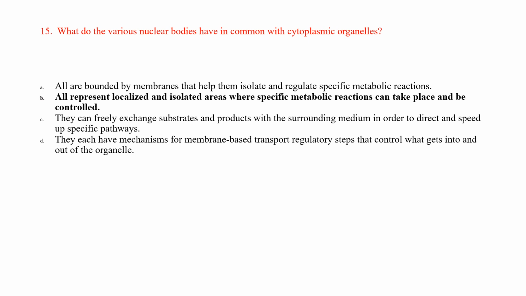They release things through vesicles from one to the next, in this case the ER to the Golgi apparatus, and then possibly to a different part of the cell, as well as to different areas of the plasma membrane. Letter D is false, since only the membrane-bound organelles of the cytoplasm have membrane-based transport, whereas nuclear bodies do not.